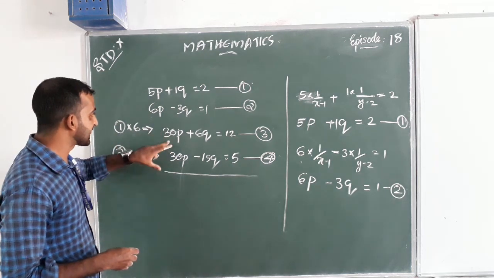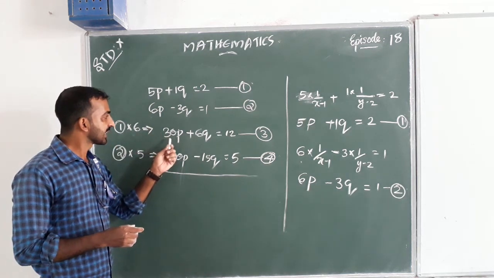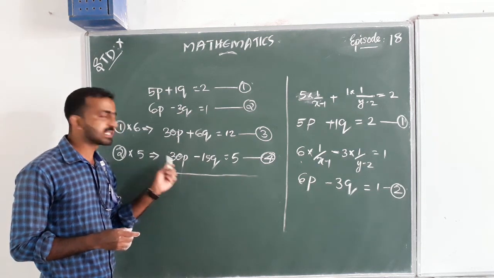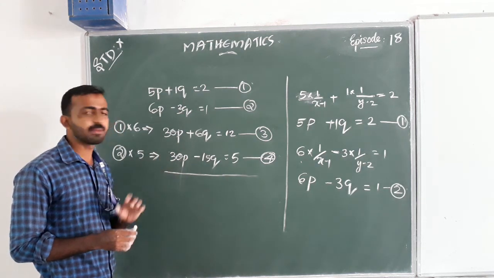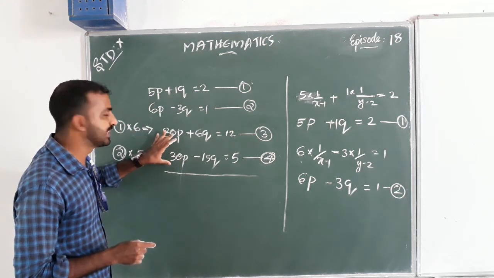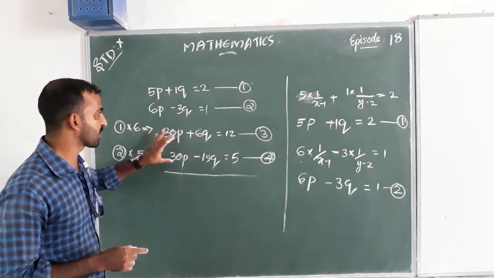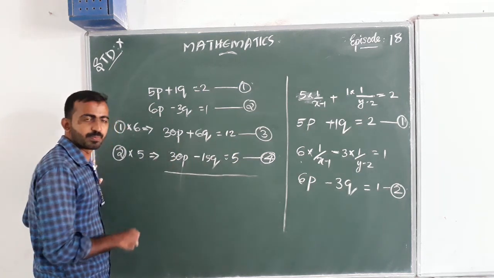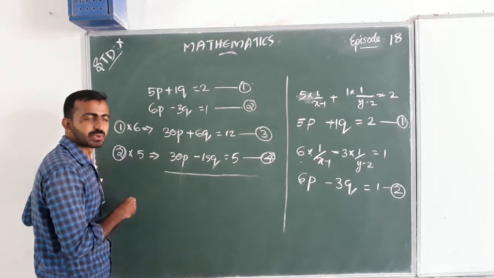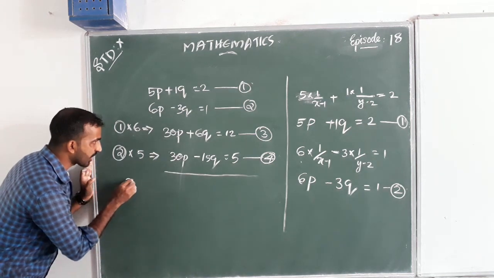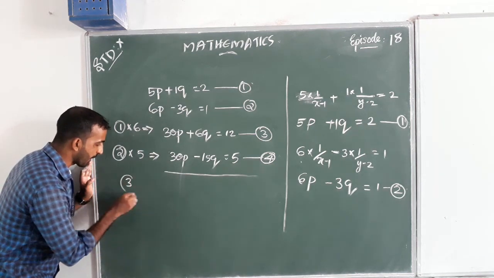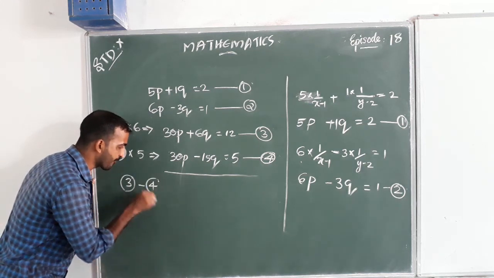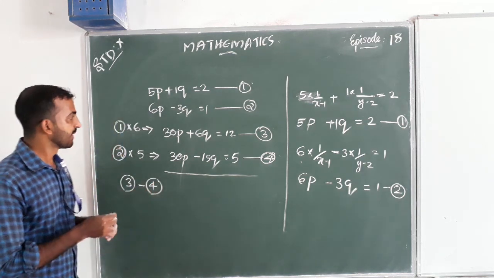Here the coefficient of p is 30, and here also the coefficient of p is 30. That is the same. When we take the difference of these two equations, we get 0 for p. That is equation number 3 minus equation number 4.